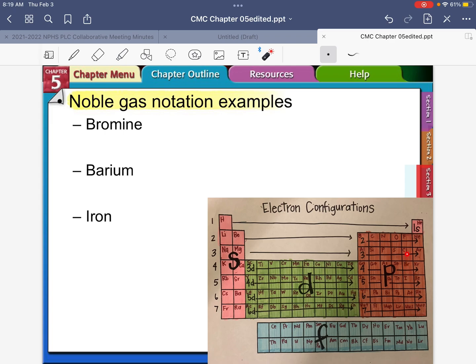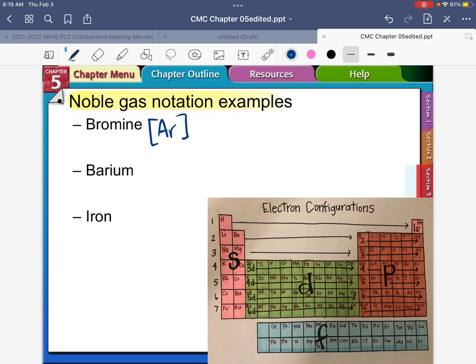So we go up a row and then all the way to the right. And then that is going to be the noble gas that comes before it. So we're going to put this noble gas, argon, in brackets. So I do that by putting, again, argon in brackets.